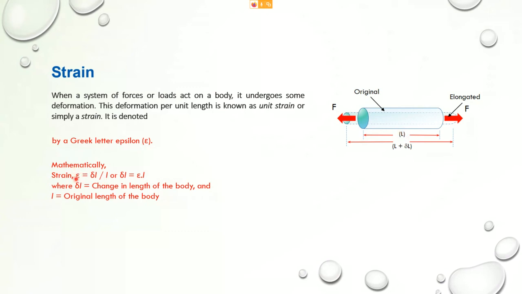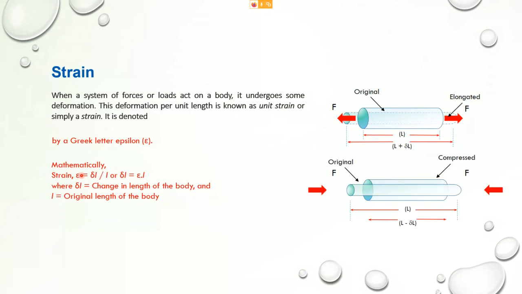And if, say, this is the original length of the object, the original form, and you apply a compressive force like this, the object will undergo shortening, that means it becomes shorter.